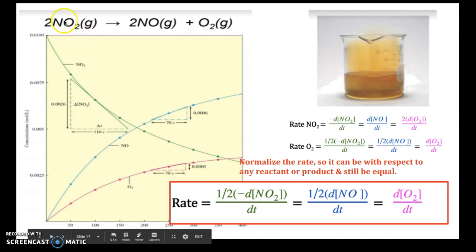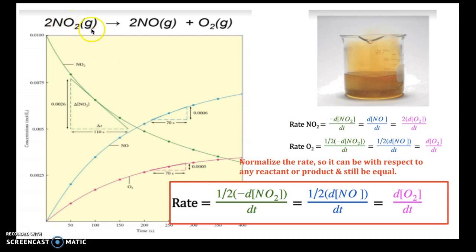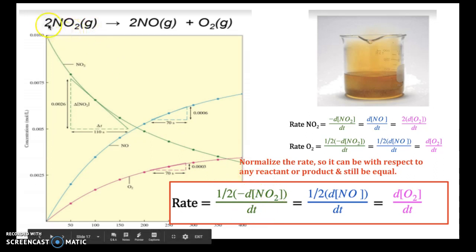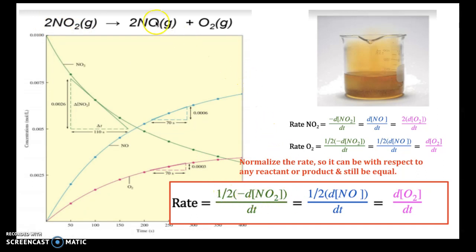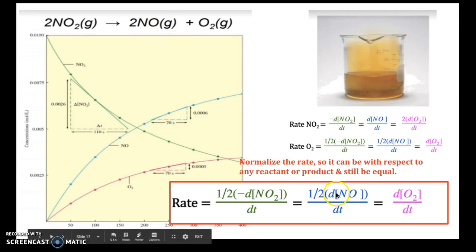For example, the rate with respect to NO2, which is given here in green, has a coefficient of 2, so I would divide that rate by 2 or multiply it by the reciprocal, 1/2. The same thing for NO. Its rate expression here is in blue, and again, to normalize it, I would divide it by its coefficient of 2 or multiply it by its reciprocal. And for O2, since it has a coefficient of 1, it doesn't change.